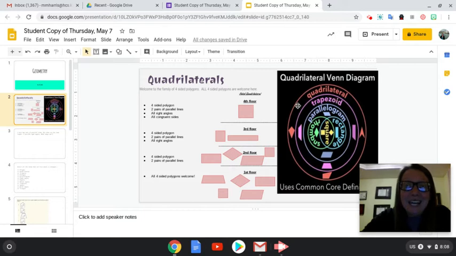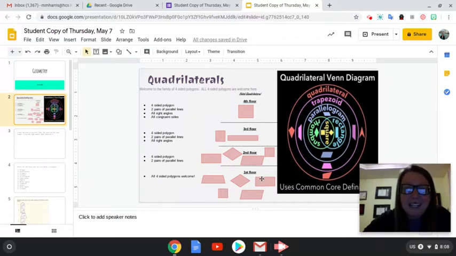And a trapezoid only has one pair. So to go on up, if we look at these inside the parallelogram, we'll see two more circles. We see a rhombus, a rectangle, and then we have a square, but it's in the middle of that Venn diagram, right?